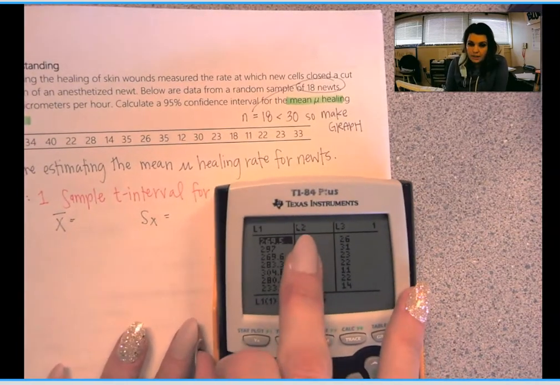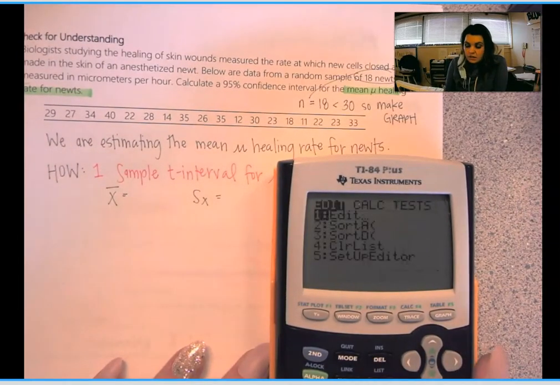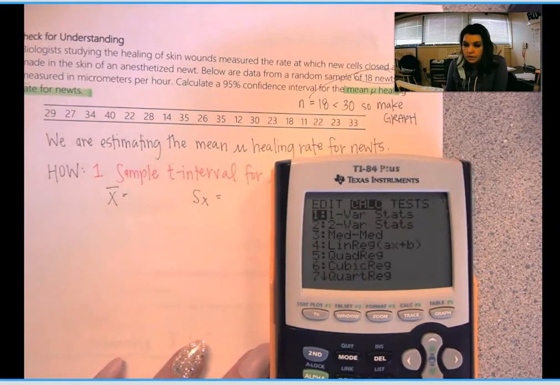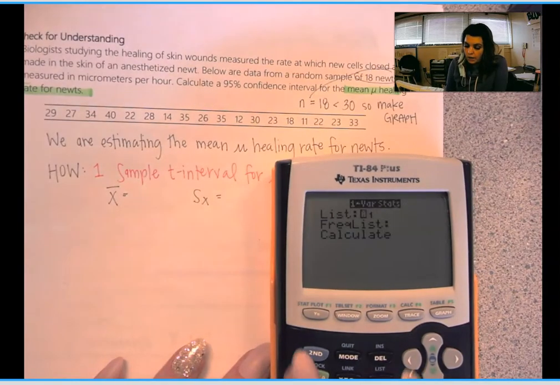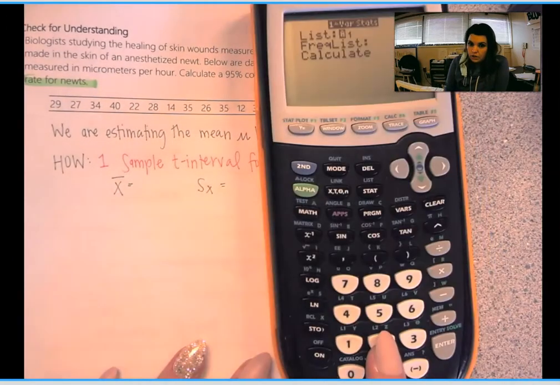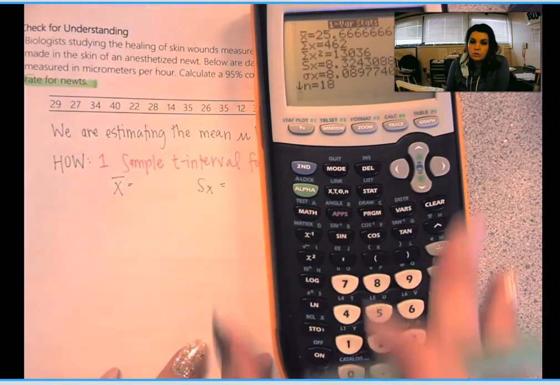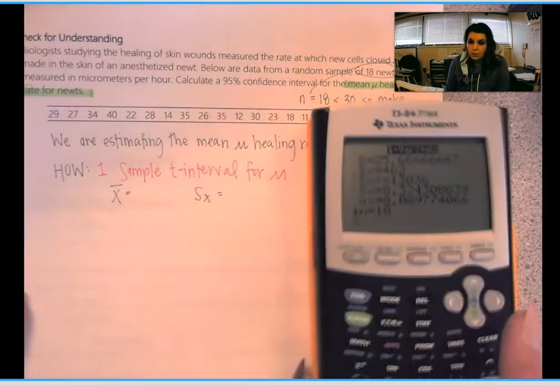Mine is in list 2. I'm going to go to Stat, arrow over to Calc, choose option 1, and I need to change this to list 2. So I'm going to do blue button, 2. Enter through, and I'm going to pull these numbers.